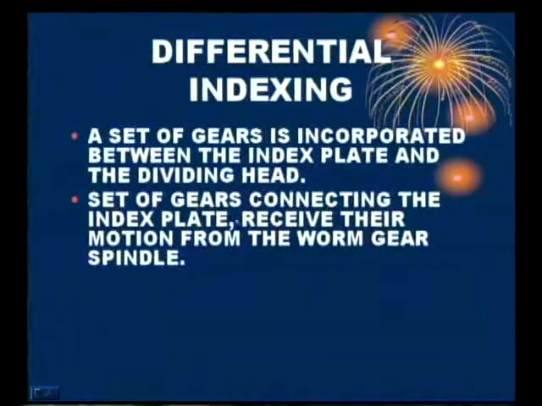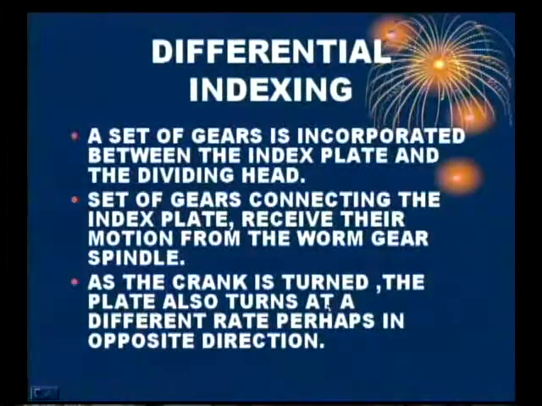The set of gears connecting the index plate receives its motion from the worm gear spindle on which the job is clamped, and the gears rotate the index plate. So without rotating the plate manually by hand, the gears take care of it. It is quite simple when compared to the compound indexing method.